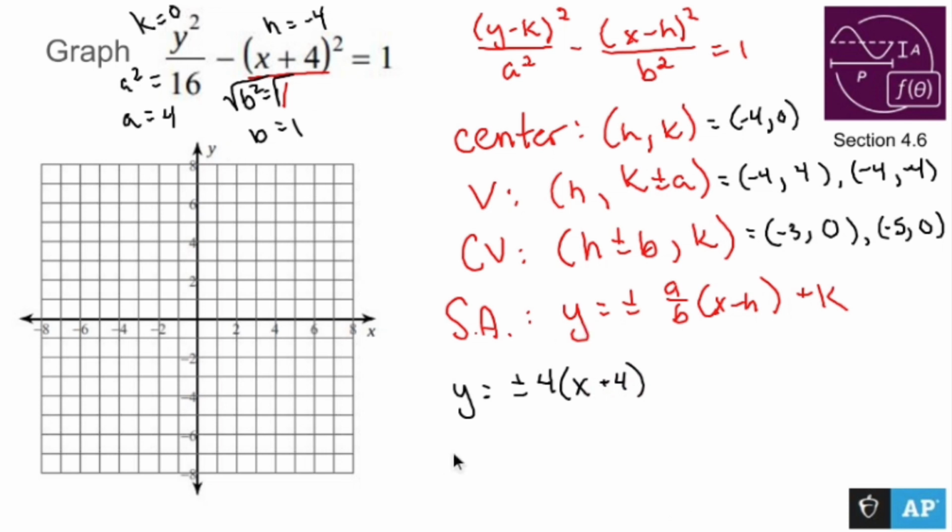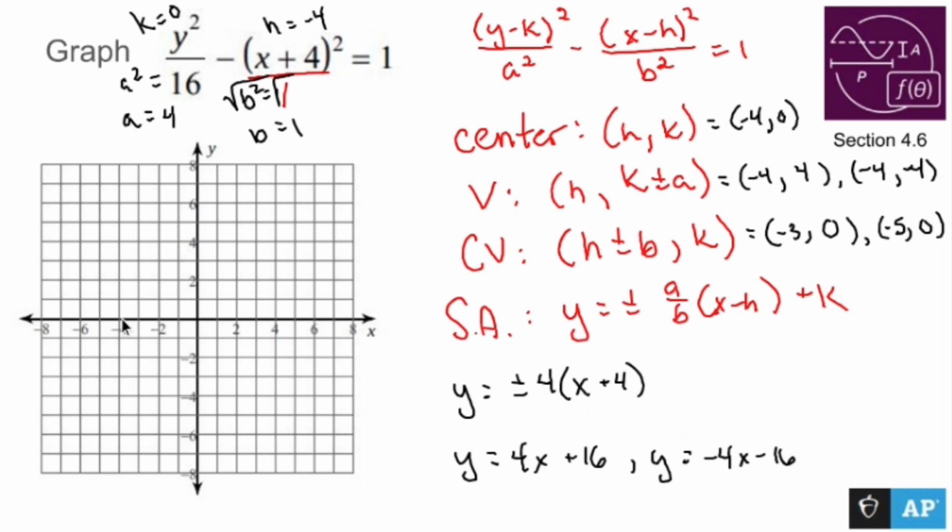So if I really wanted to write both of these out, it would be positive 4 times x plus positive 4 times positive 4, and the other one would be negative 4 times x plus negative 4 times negative 4. Now, obviously, looking at those numbers, I'm not going to be able to graph them, which makes the vertices and co-vertices much more important than my slant asymptotes.